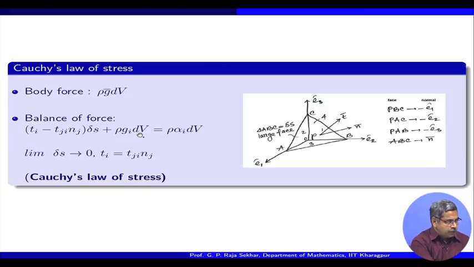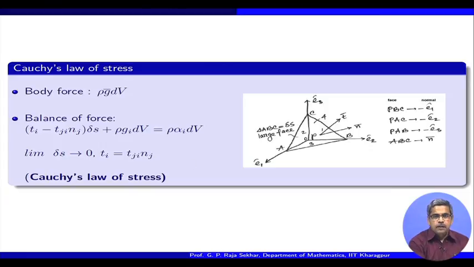With respect to length scales, this term behaves like L cube, this term behaves like L cube, whereas this term behaves like L square. So, if this is approaching 0, these two approach 0 faster, therefore we get this equal to this, and this is a very important law, that is Cauchy's law of stress.